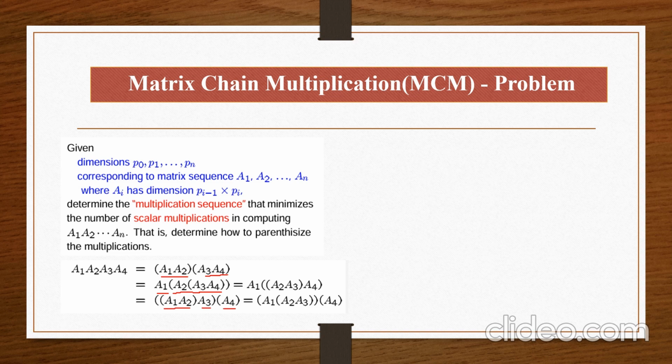So these are the different ways by which you can do your matrix multiplication. How I group or parenthesize it determines the number of multiplications I am going to compute. Our intention is to have the minimal number of multiplications, and that is successfully done with the help of dynamic programming using parenthesization.